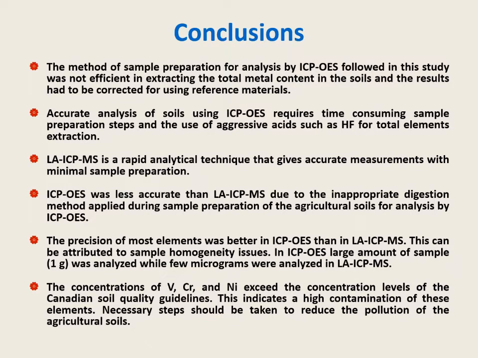Accurate analysis of soils using ICP-OES requires time-consuming sample preparation steps and the use of aggressive acid such as HF for total element extraction. ICP-OES was less accurate than laser ablation ICP-MS due to the inappropriate digestion method applied during the sample preparation of the agricultural soils for analysis by ICP-OES.